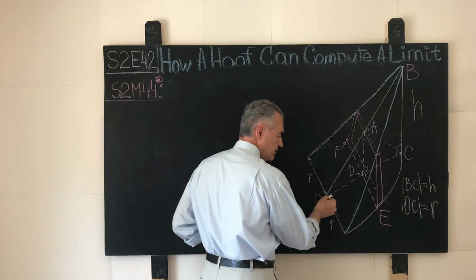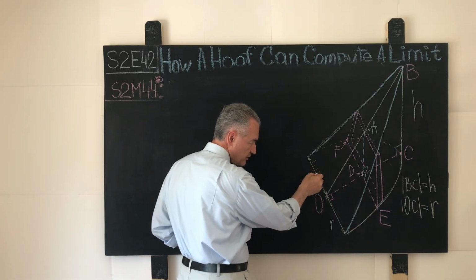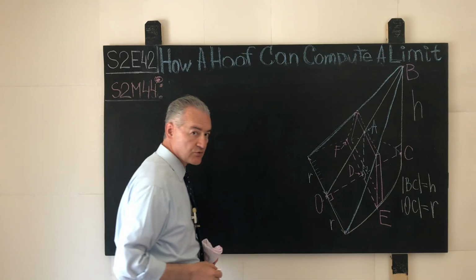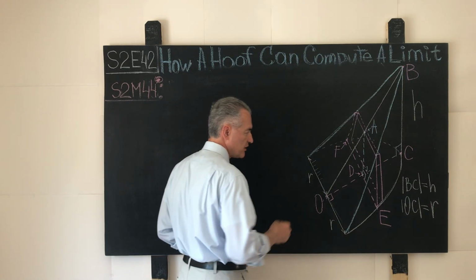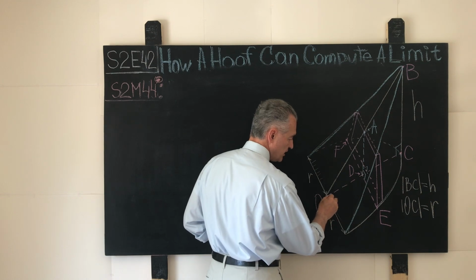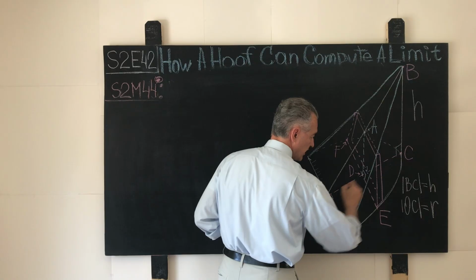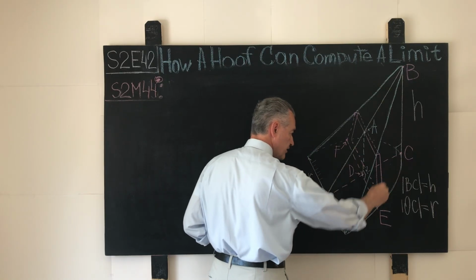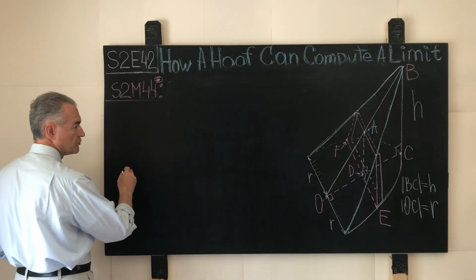In the previous segment, we partitioned this radius into a number of smaller line segments of uniform length, r over n. This time we take our radius OC, this guy, and we cut it up this way. And let me do a schematic for you over here.